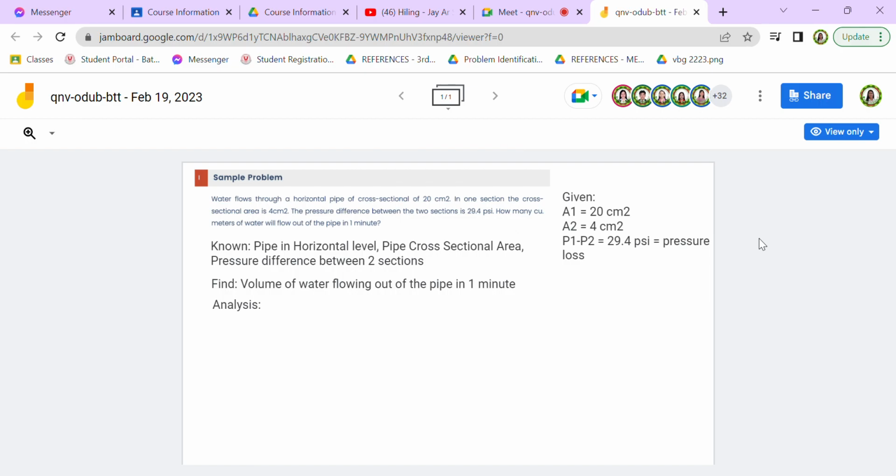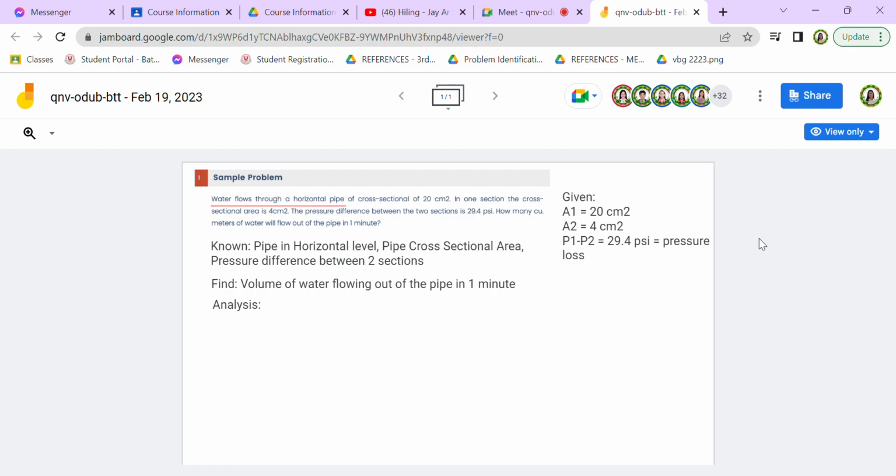So ano yung given sa problem? Ano yung known? Sabi sa problem, i-highlight ko lang here, that water flows through a horizontal pipe. So that is significant. Later, I will show you bakit.